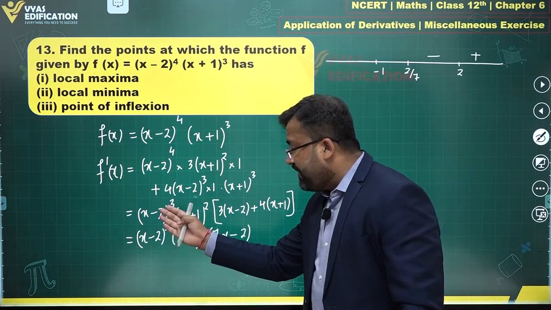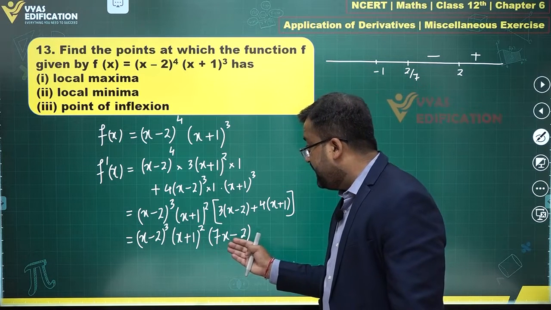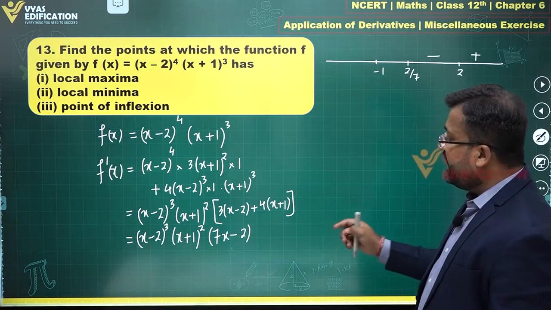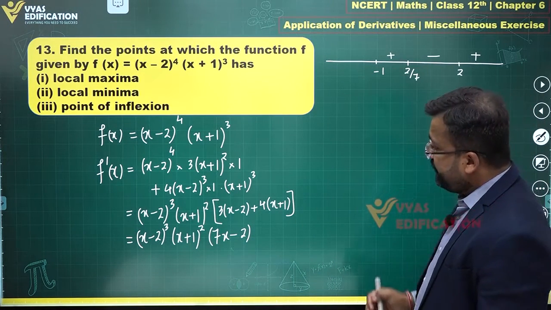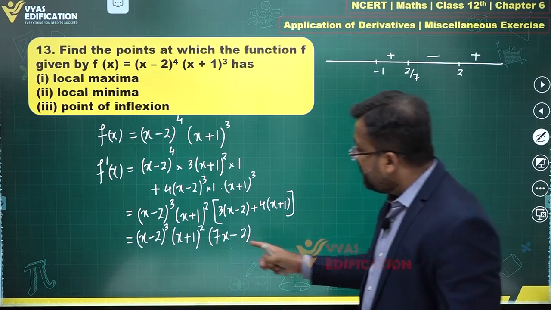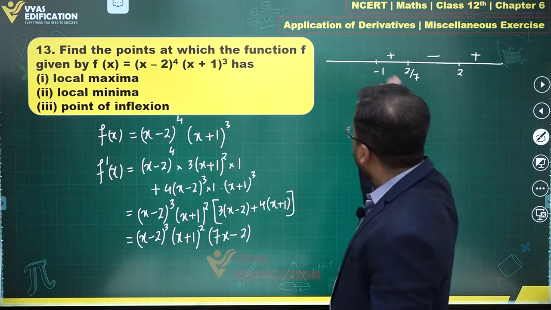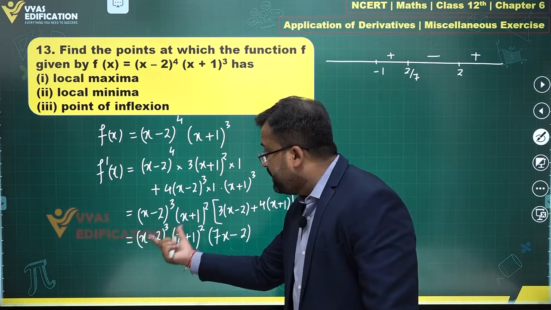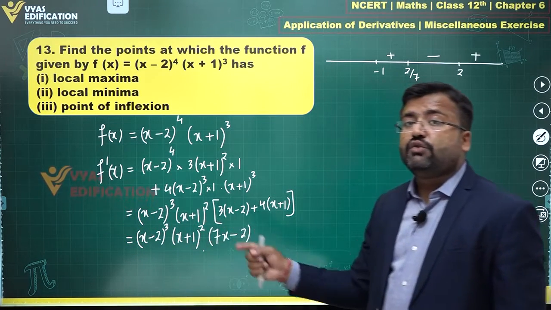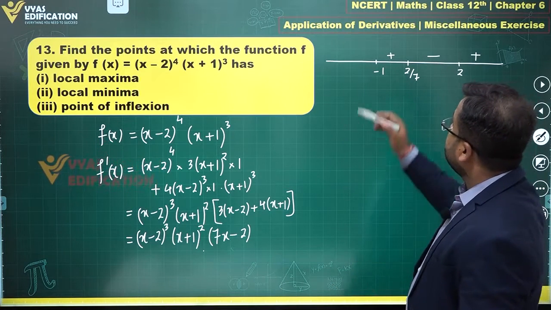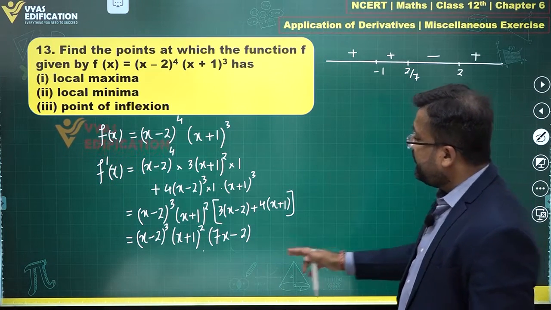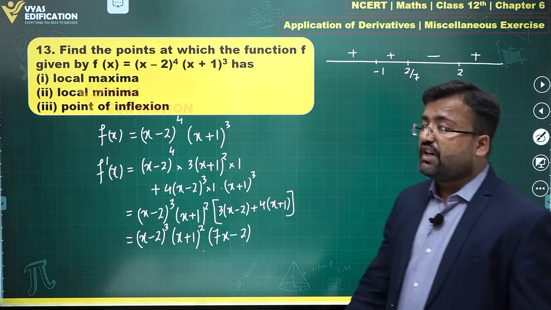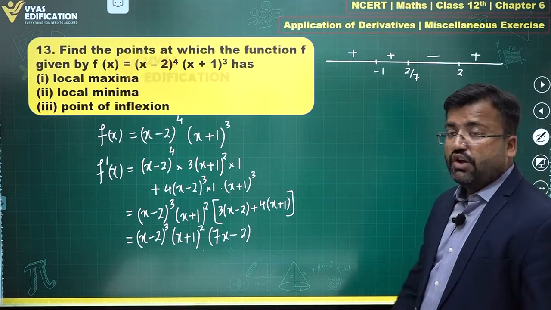This is negative to the power 3, which is negative, this is positive, and this is also negative, so negative times negative will be positive. For before -1, pick -2: negative, negative to the power 3 is also negative, and this is negative squared, so positive. Negative, negative and a positive, this will be positive overall.